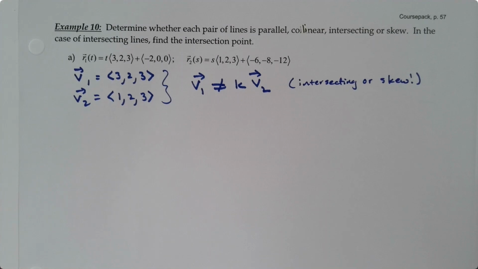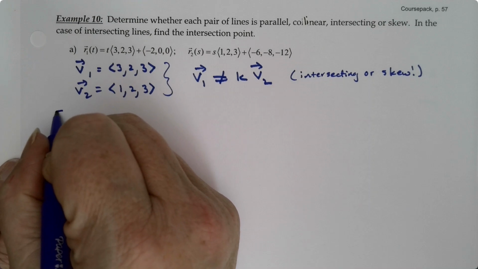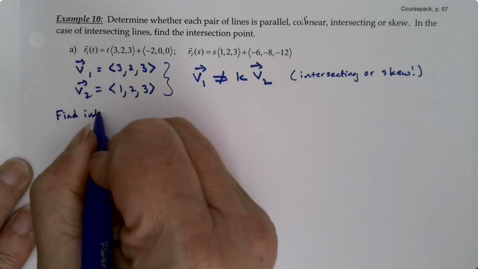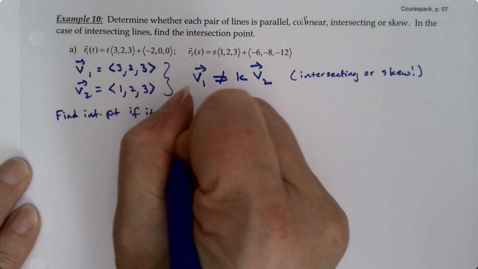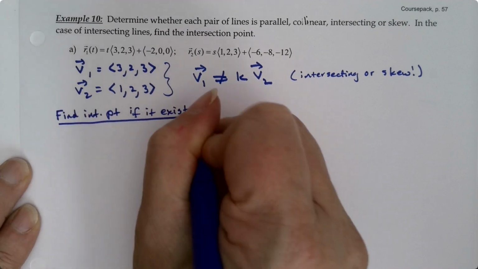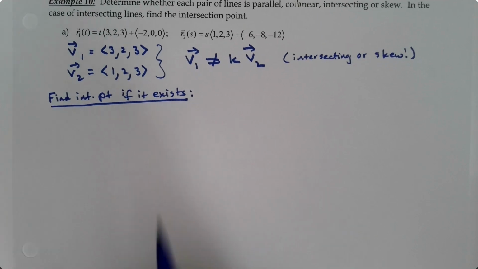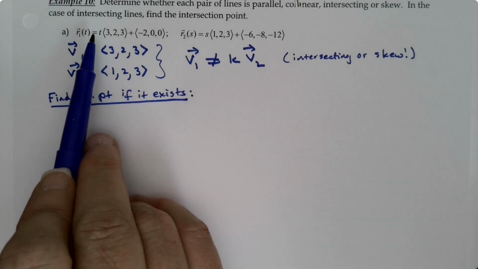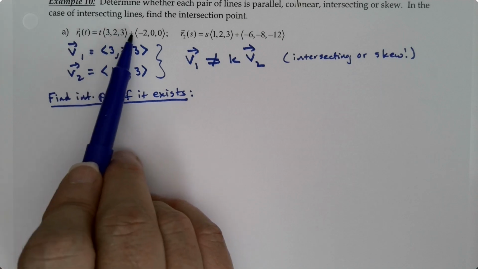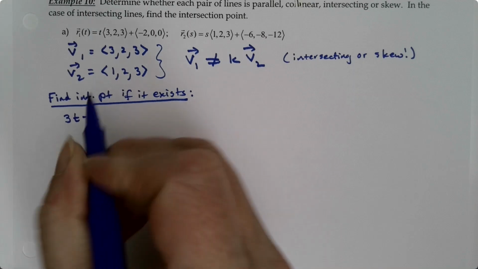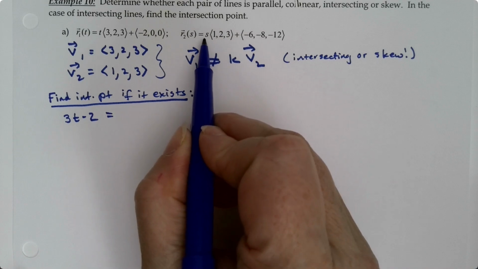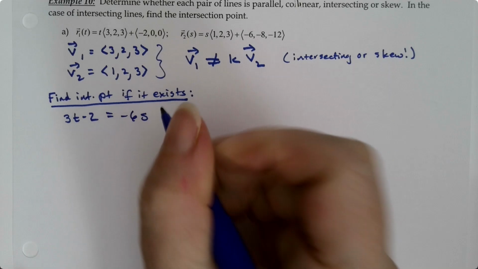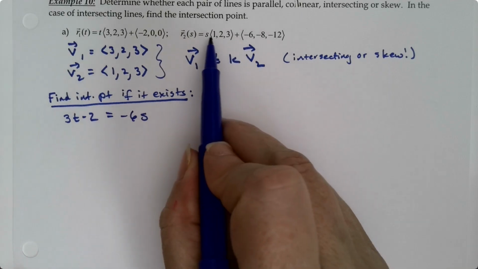Okay, so we need to find the intersection point if it exists. So let's set this up. If it's going to exist, then there would be a spot where 3t take away 2 would be equal to s take away 6.